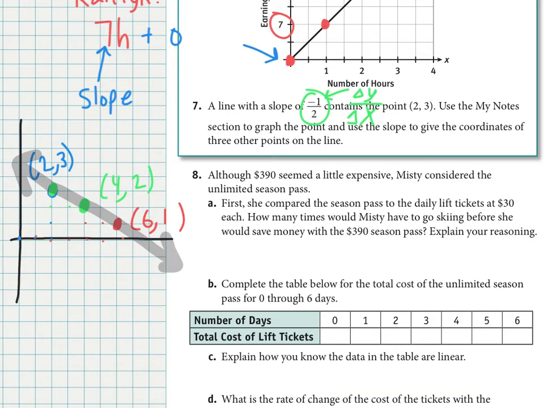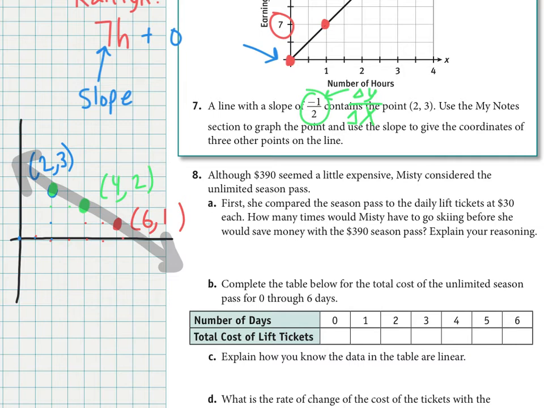All right, so let's get back into the ski lift problem we're doing. Number 8 here. So remember, we had the third option was the $390 for a season pass. So although that seemed expensive, Misty considered the unlimited season pass. So first, she compared the season pass to the daily lift tickets at $30 each. So how many times would Misty have to go skiing before she would save money with the $390 season pass?